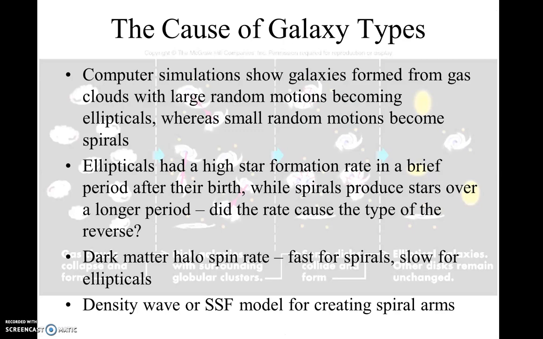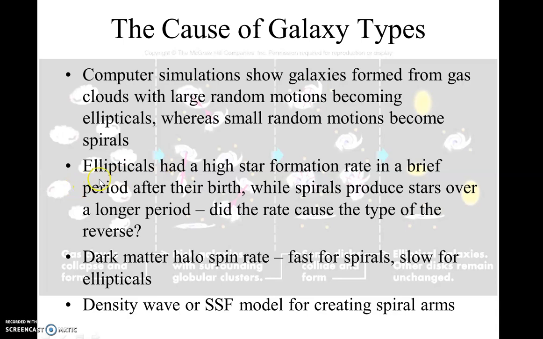All right. Now we're not sure exactly what happens. Why do we get elliptical galaxies? Why do we get spiral galaxies? So we use computer simulations to try to form galaxies. We have computer technology that is able to put into motion literally billions and billions of stars into forming a galaxy.